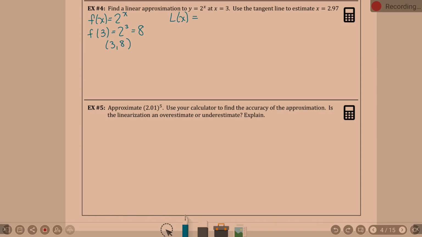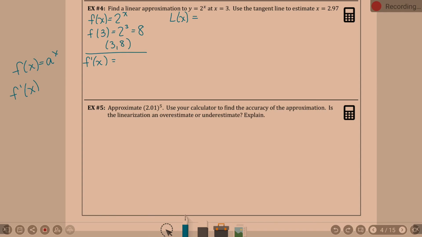What else do we need? Slope. So the derivative of 2 to the x. What's our derivative rule for a to the x, basically? Oh, yeah. There is a natural log in there. Make sure I have it right in my brain, yeah. Natural log of 2 times 2 to the x. So f of x equals a to the x.